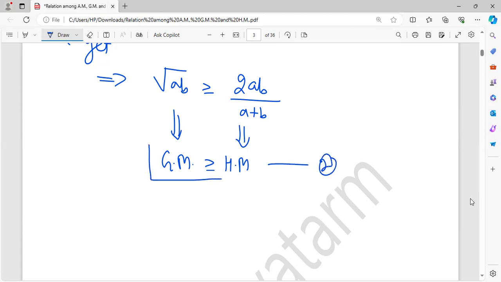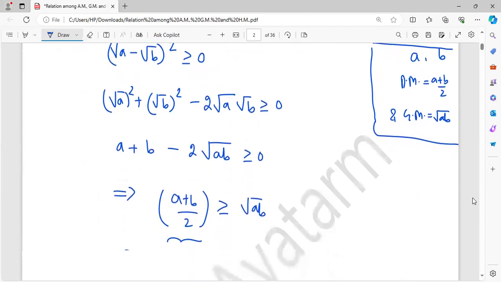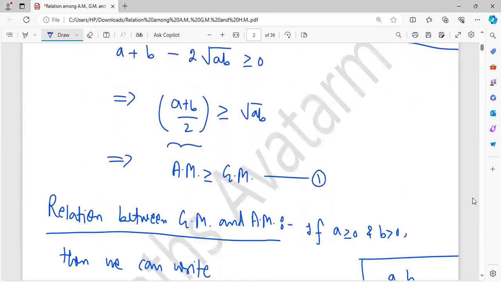Let's say this relation is in brackets. Equation number 1 you also put in brackets, because these are two relations. This is GM and this is my AM.